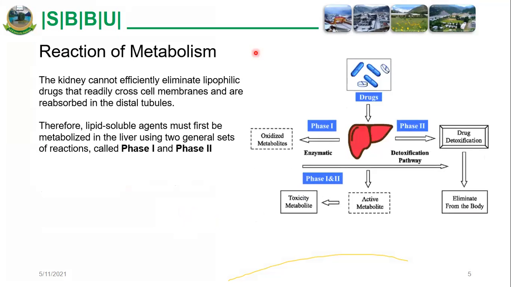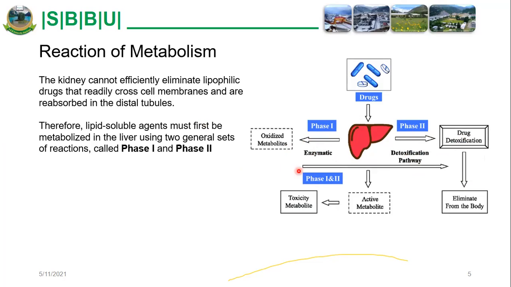Phase 1 is also termed the enzyme dependent metabolic reactions, while phase 2 is the detoxification pathway, where the drug is detoxified and becomes inactive. We'll discuss later which kinds of enzymes are involved in phase 1 reactions, and what their major functions and roles are.